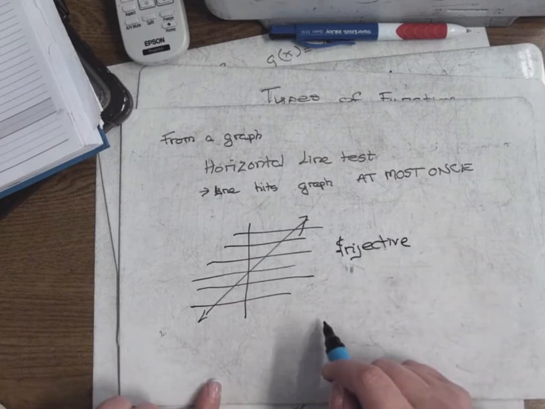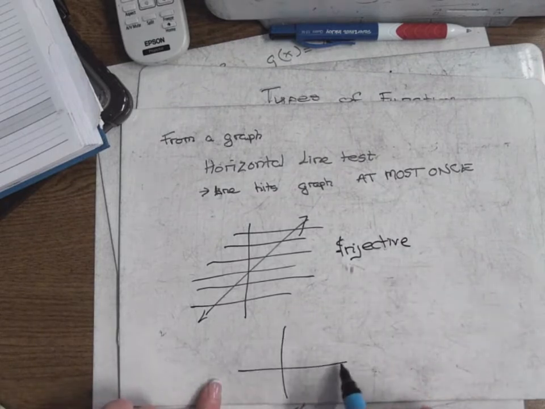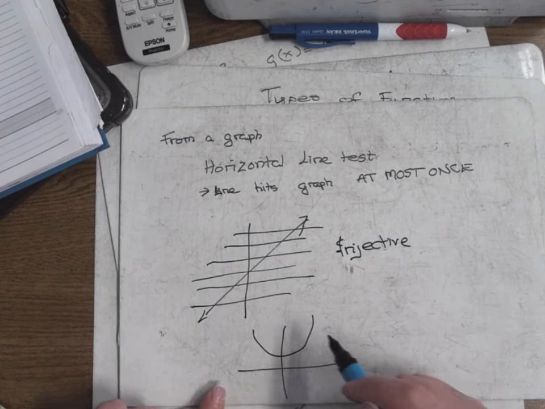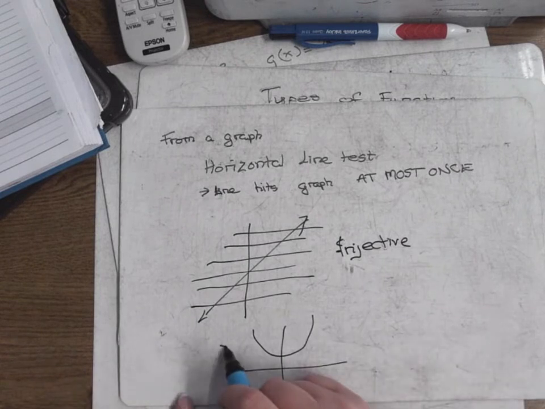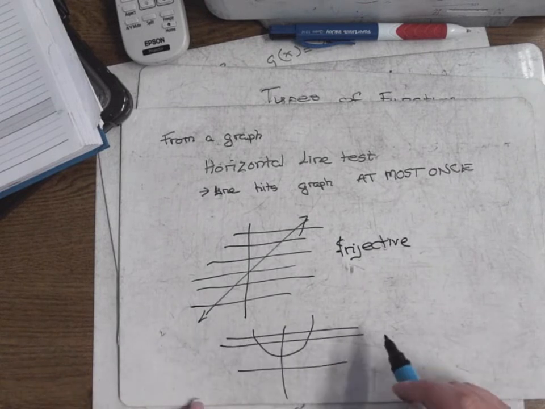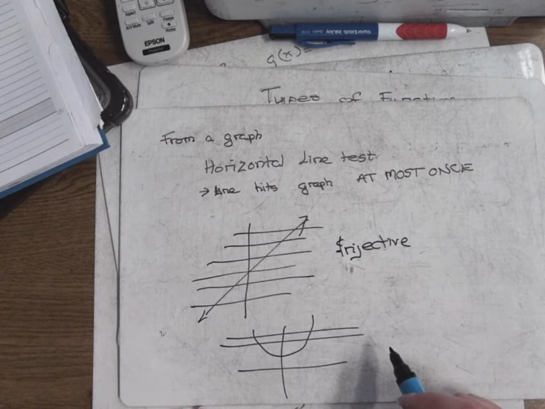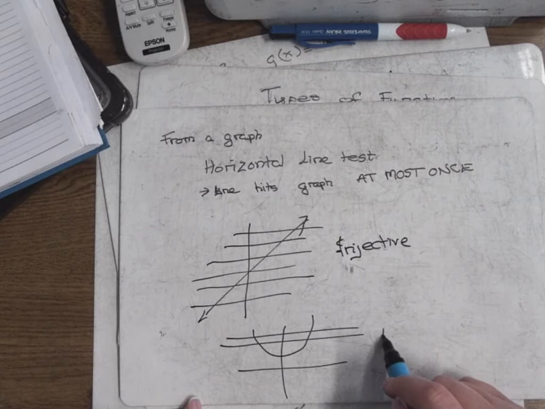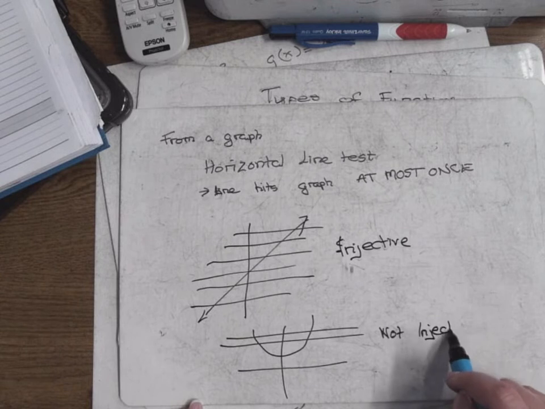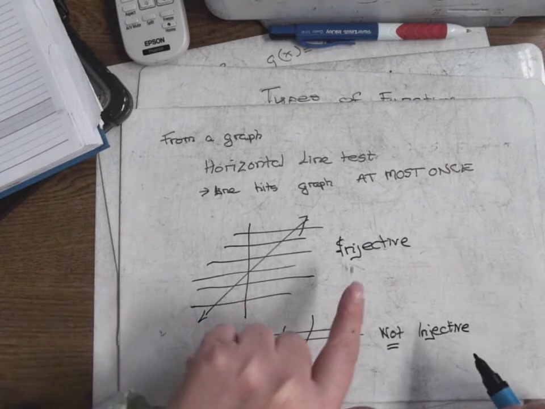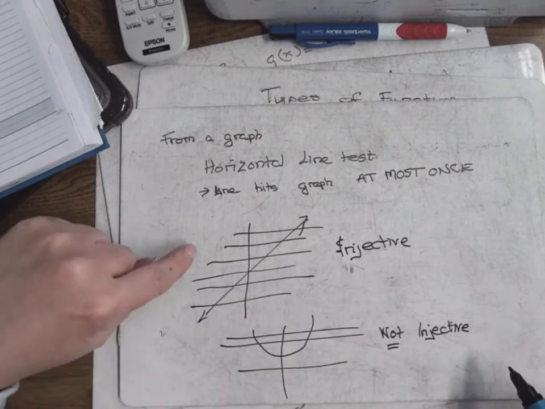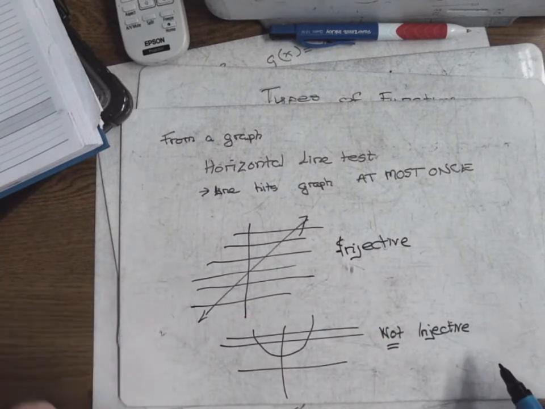Whereas this one here, if I have a curve like that, if I draw a horizontal line, it's hitting it twice, isn't it? Is that okay? So it's hitting it twice, would you agree? So this is not injective. This one is injective because the horizontal lines hit it at most once.